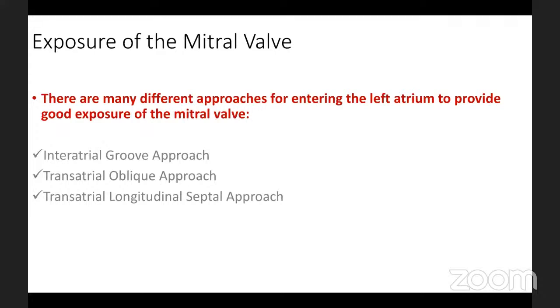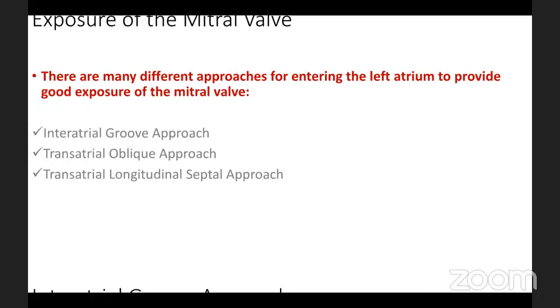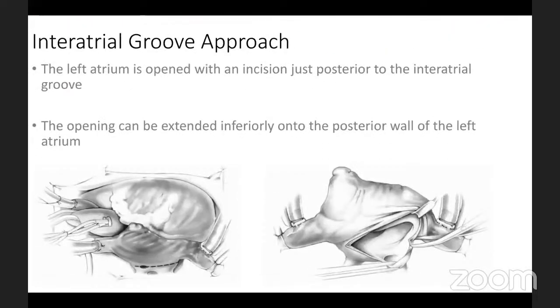Exposure of the mitral valve. There are many different approaches for entering the left atrium and providing excellent exposure of the mitral valve. We have the interatrial groove, the Sondergaard groove, the transatrial approach, and also the transatrial longitudinal septal approach. For the interatrial groove approach, the left atrium is opened with an incision just posterior to the interatrial groove.